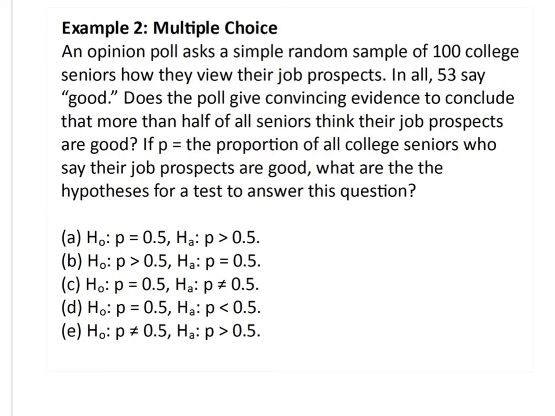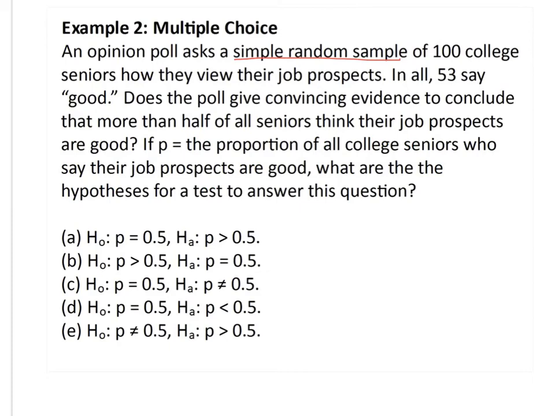So the second example is a multiple choice example. Multiple choice is very important. It's a huge part of the AP exam, a huge part of IAs and other tests in our class. So here's an example. It says an opinion poll asks a simple random sample, see that word again, it's super important that it's random, of 100 college seniors how they view their job prospects.